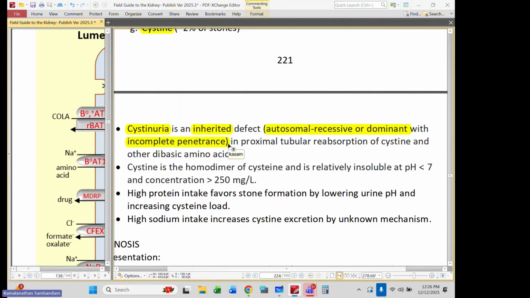That means you may have the genetic mutation, but one of your family members is forming kidney stones and the other is not, right? That's the definition of incomplete penetrance. So you can see it's quite complicated in its genetics, and so doesn't always have a strong family history present.